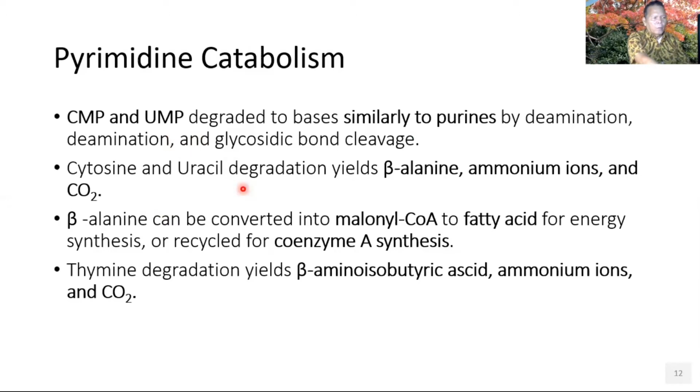Beta-alanine can be converted into malonyl coenzyme A for fatty acid synthesis for energy, or recycled for coenzyme A synthesis. Thymine degradation yields beta-aminoisobutyric acid, ammonium ion, and carbon dioxide.